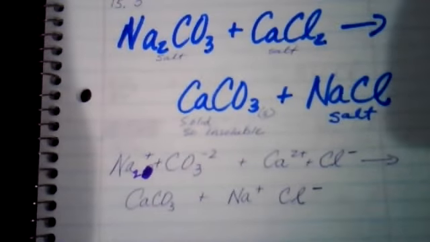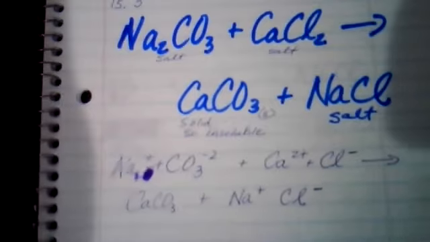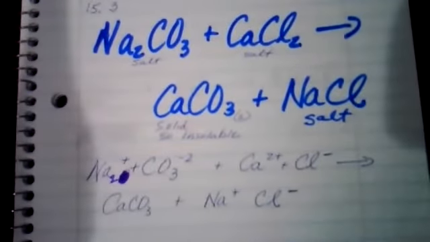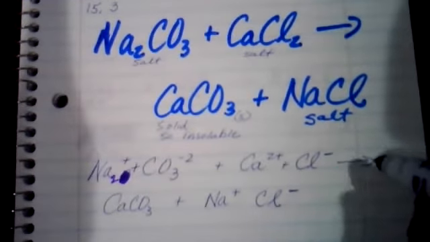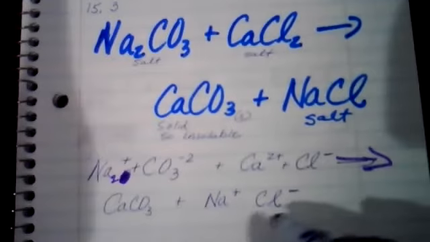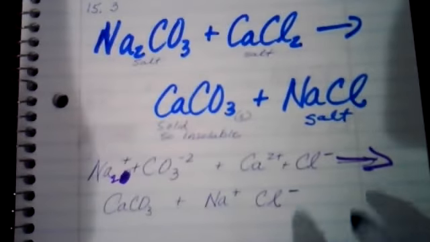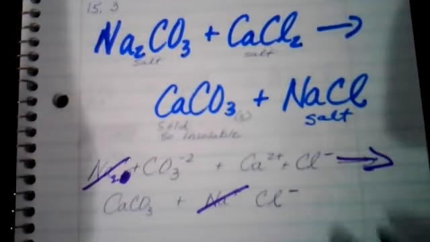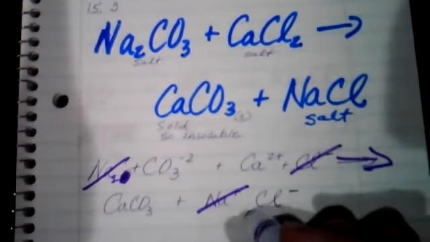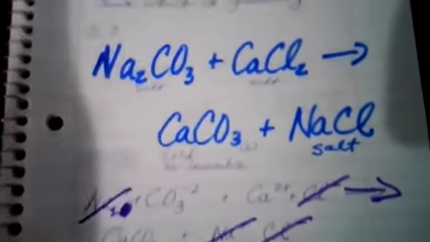Okay, so what he had us doing in the video and what your book has said is you're crossing out the extra ions that are on both sides. Okay, you ready? And this is your arrow. Okay, don't forget this is going down here. Okay, so Na, Na, Cl, Cl. So in the end, I'm going to write this for you.